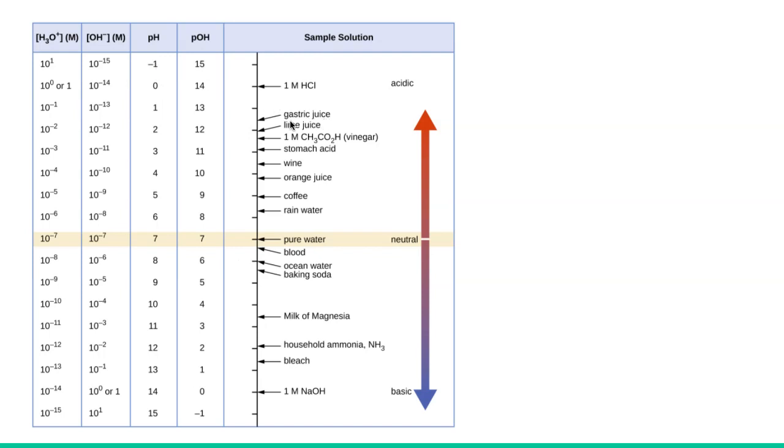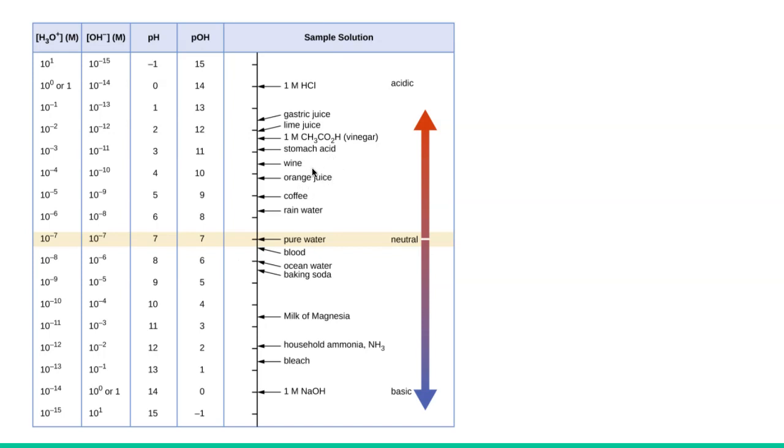All right, then we have gastric juice. So our stomach acid is pretty intense, and that's by design. We have to have very strong acid in order to break down the biochemistry involved in our food, which includes proteins, carbohydrates, and fats. Okay, we got lime, lemons, things of that nature. Vinegar, we're starting to get a little bit weaker.